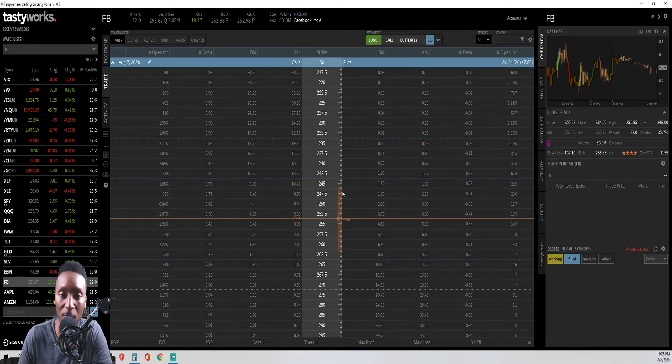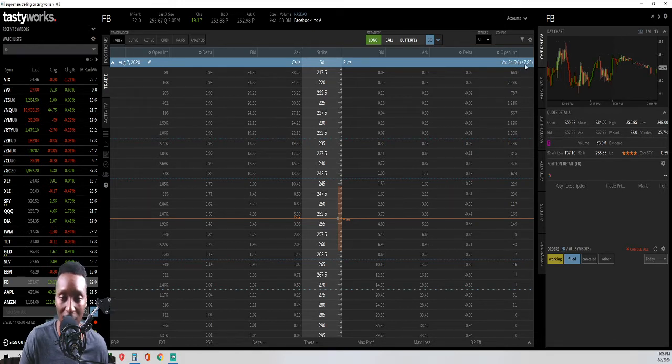To get this expected move number, it is a math equation that has something to do with the implied volatility of Facebook. So they use the IV and they use a math problem. You don't have to know why. If you want to know why, you can go to Tasty Trade, and I think they have the math equation on there that they use to solve for the expected move.